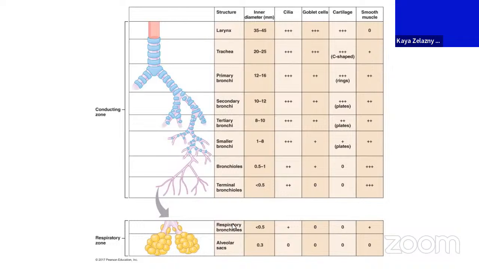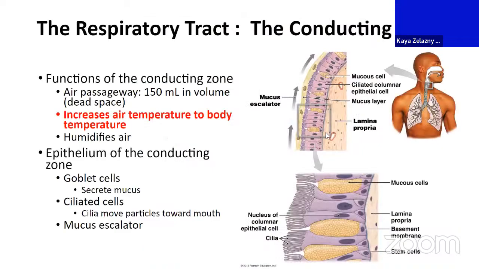So it's not until our respiratory bronchioles and then our alveolar sacs that we start to have gas exchange. At this point, we don't have any cartilage left either. But cartilage is in the conducting zone, but not the whole conducting zone. Okay. Cool. So we left off here last time.